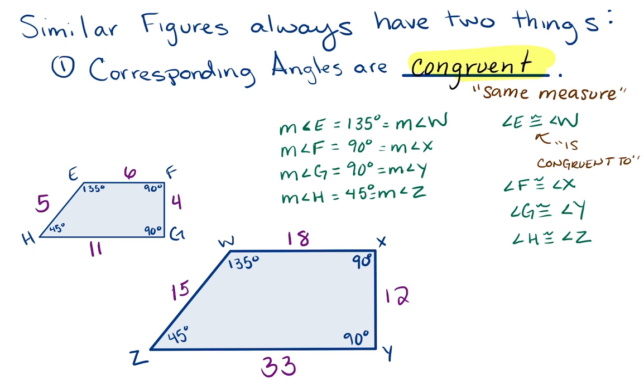If I'm going to show that two figures are similar, I have to show that the corresponding angles are congruent. Writing these four statements out satisfies that requirement.